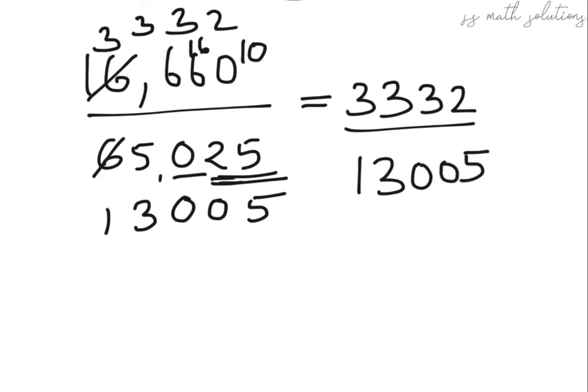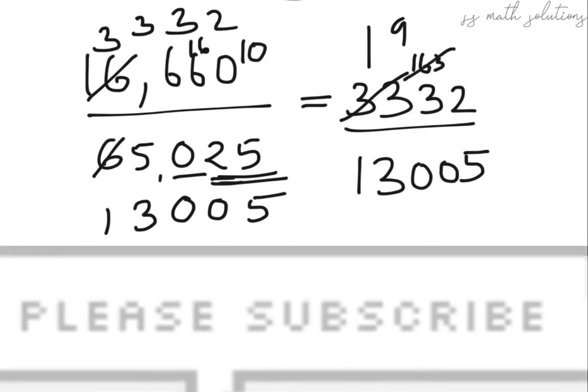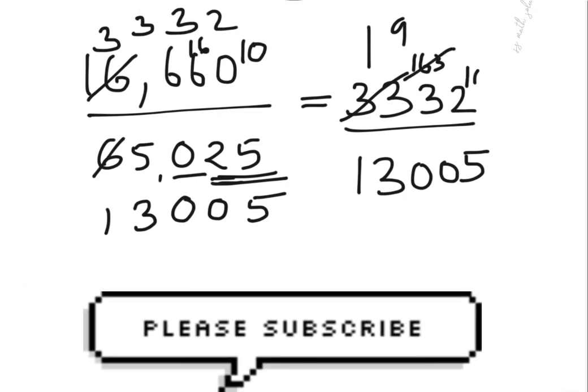Now here only 17 is the common factor between this numerator and denominator, so we are trying to cancel with 17. In the first step, 17 into 2 is 34, only 117 is included, so I am taking 117 here. Now 33 minus 17 is 16, and 16 and 3 change to 163, this is our new number. 17 into which number gives 163? 17 into 9 is 153, balance 10 is there, so 102.